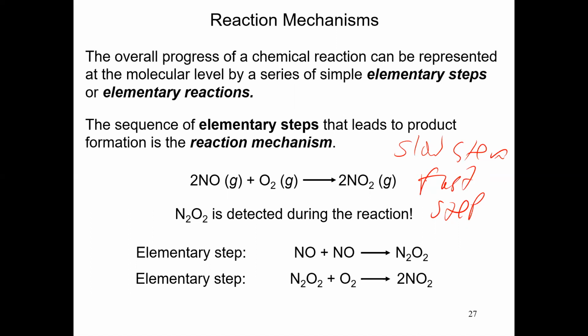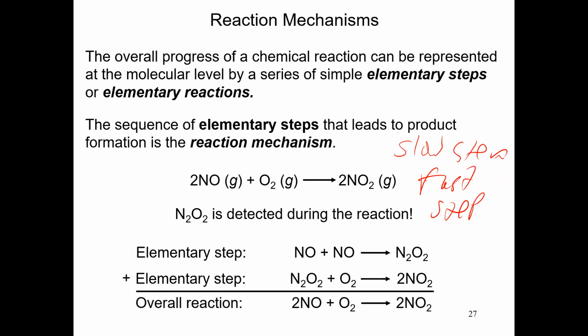And then the fast step would be the cooking of the hot dog. That's an example I like to use with my students to help understand the slow and the fast step associated with this. The overall reaction is this, because this essentially will cancel out on both sides as you add them together, and then you get your product.